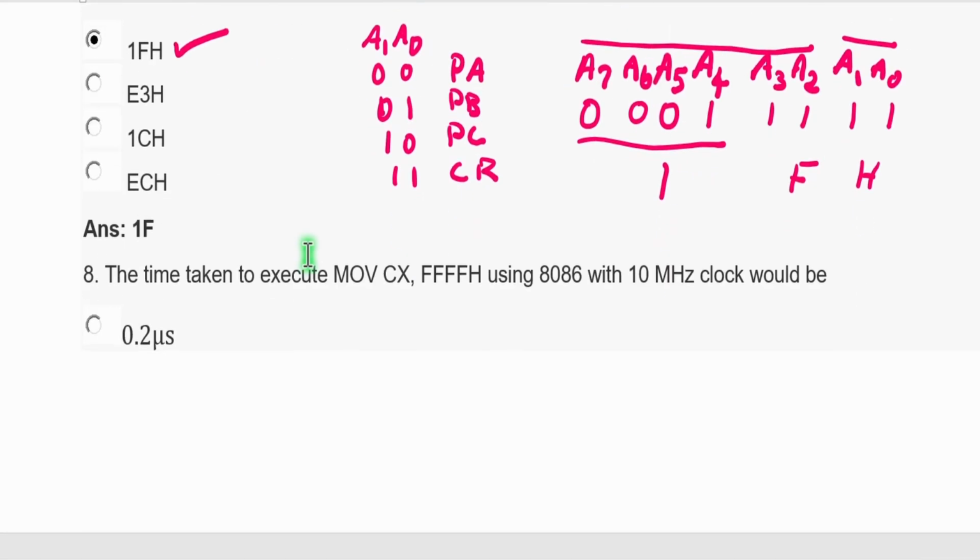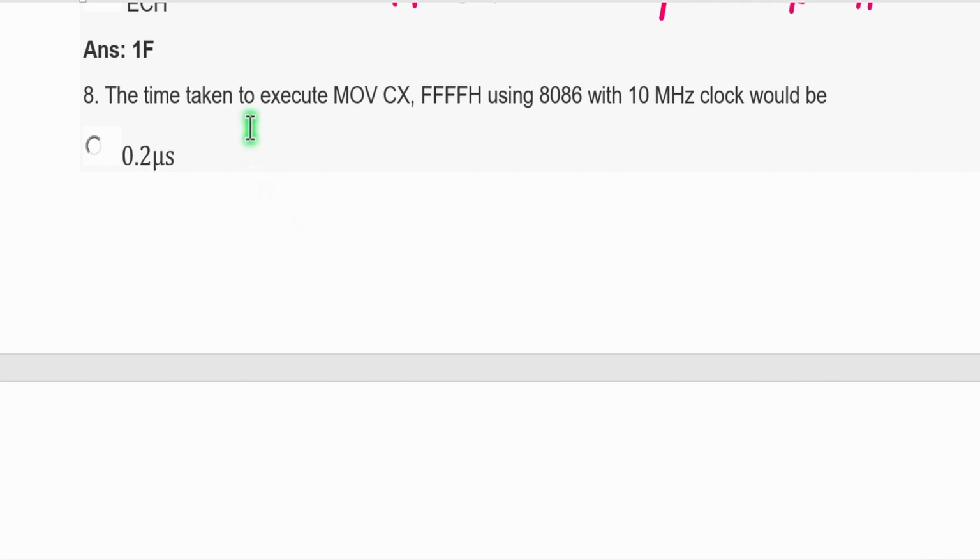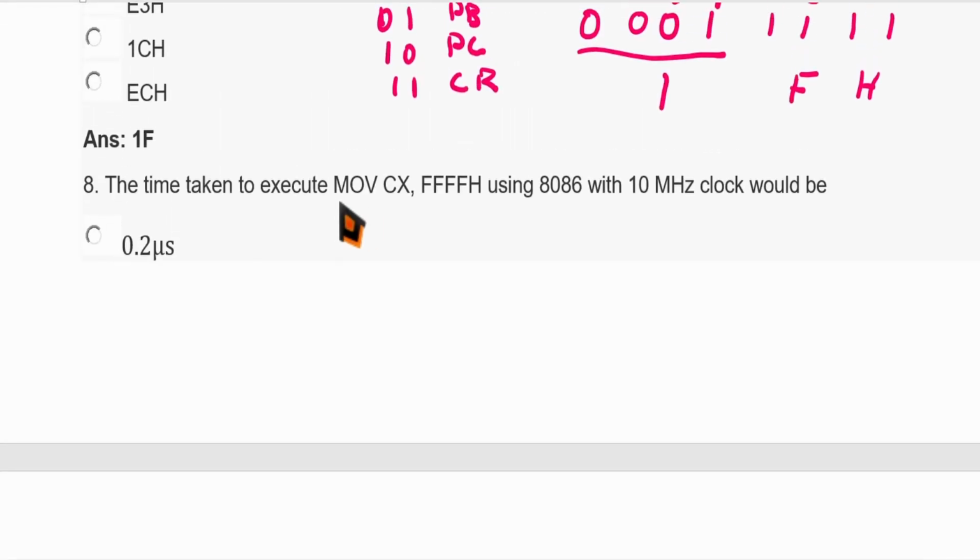Now let us see the next question. The time taken to execute MOV CX, FFH using 8086 with 10 MHz clock would be... they have given some execution time. We have to find out the number of clock cycles used to execute this instruction.